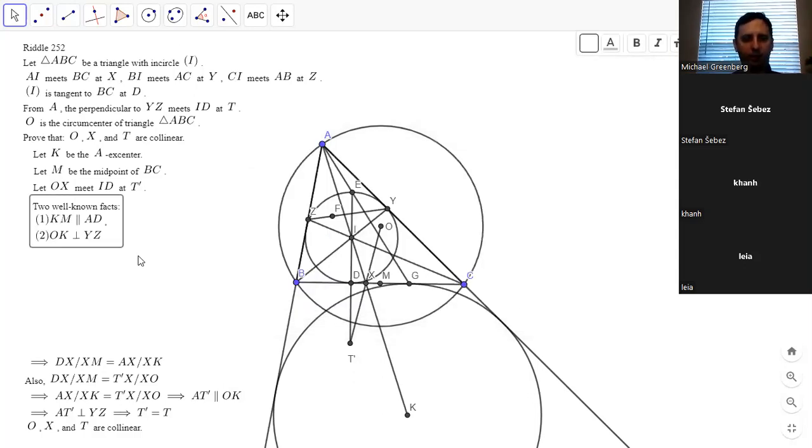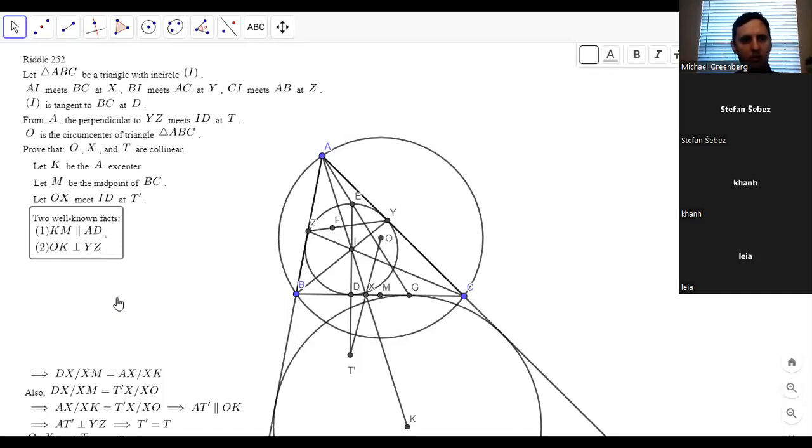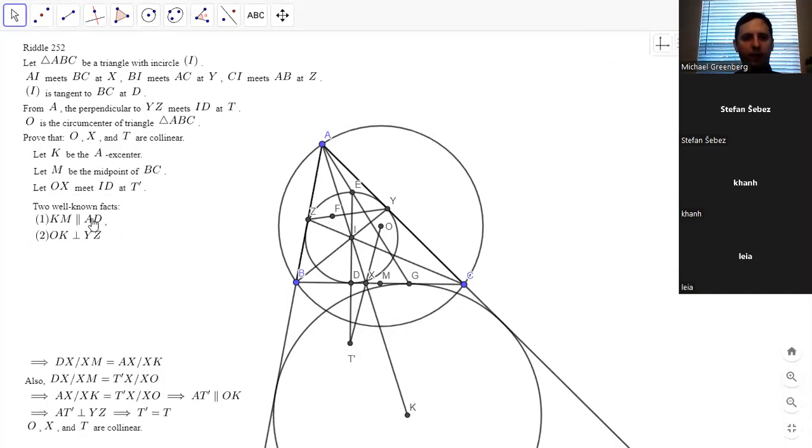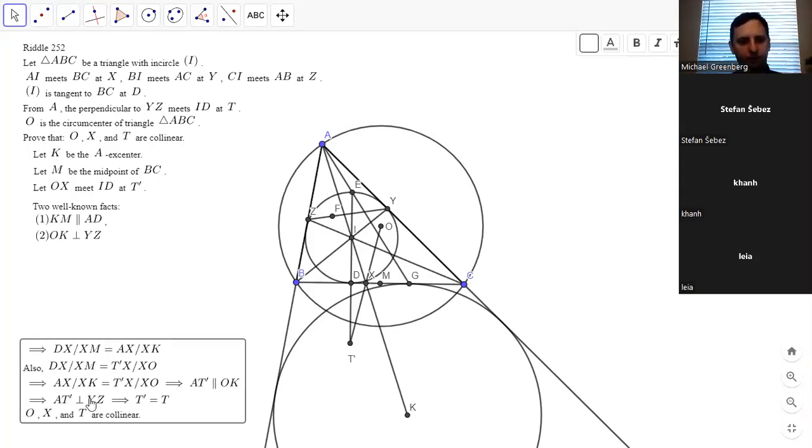I forgot what it is. You need to label the other two excenters. Oh, or for the first fact, KM is parallel to AD. Oh, I think it's not that. Yeah, no, actually, the two excenters are for the second one. First one, I think I used a harmonic bundle for it. I think there's a very simple proof that doesn't even use a harmonic bundle.